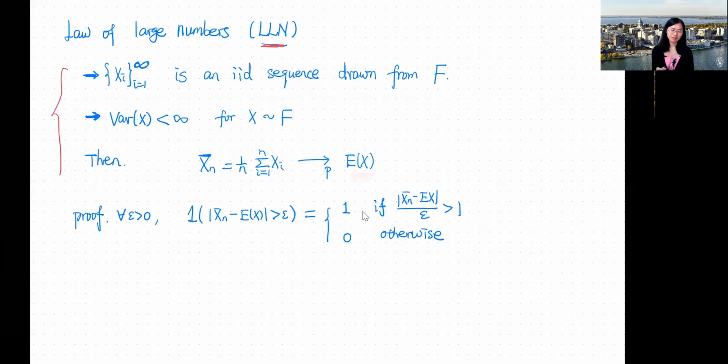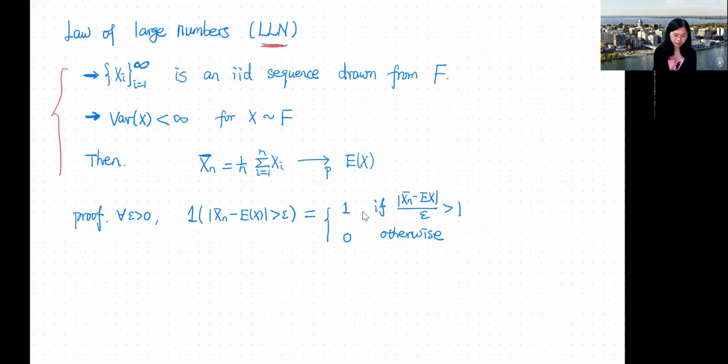This is one version of the law of large numbers. There are other versions, but this version is the simplest to argue for.